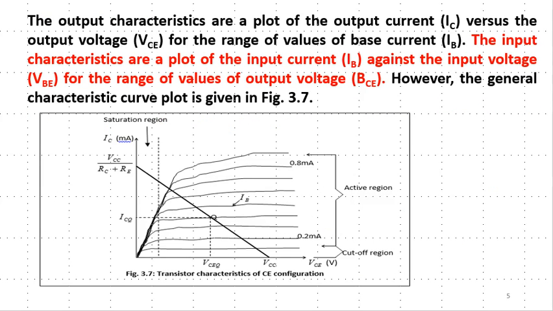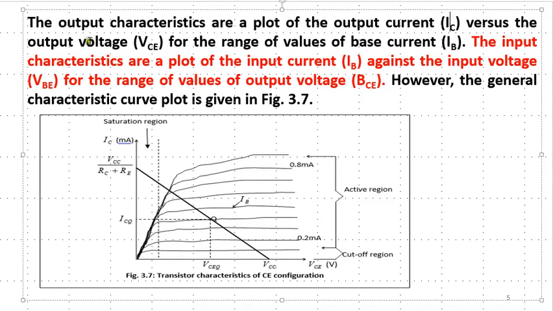Now, whenever a transistor is in common emitter configuration, we can plot a relationship between the output current, which is the collector current, and the output voltage, which is the voltage between the collector and the emitter terminal. We do this plot using different values of the base current, which is the current controlling the operation of the transistor.